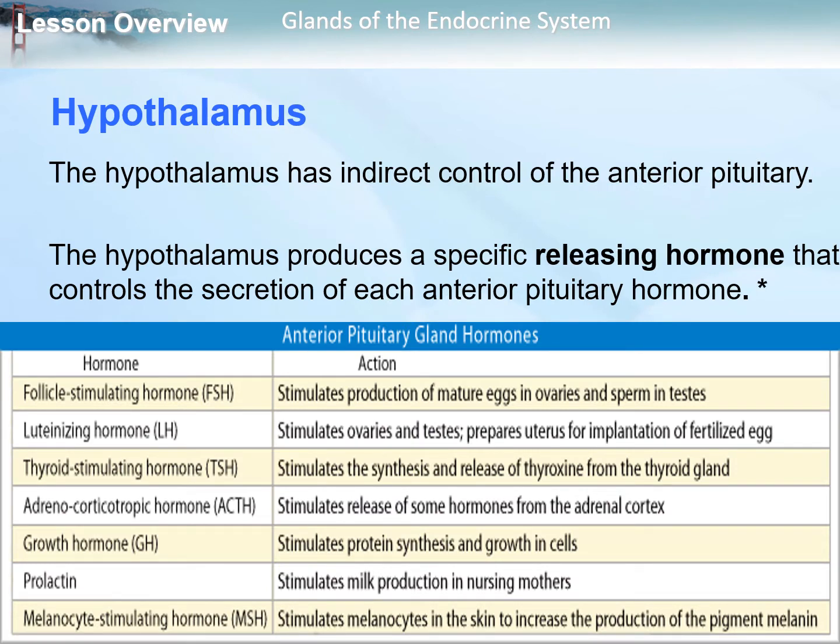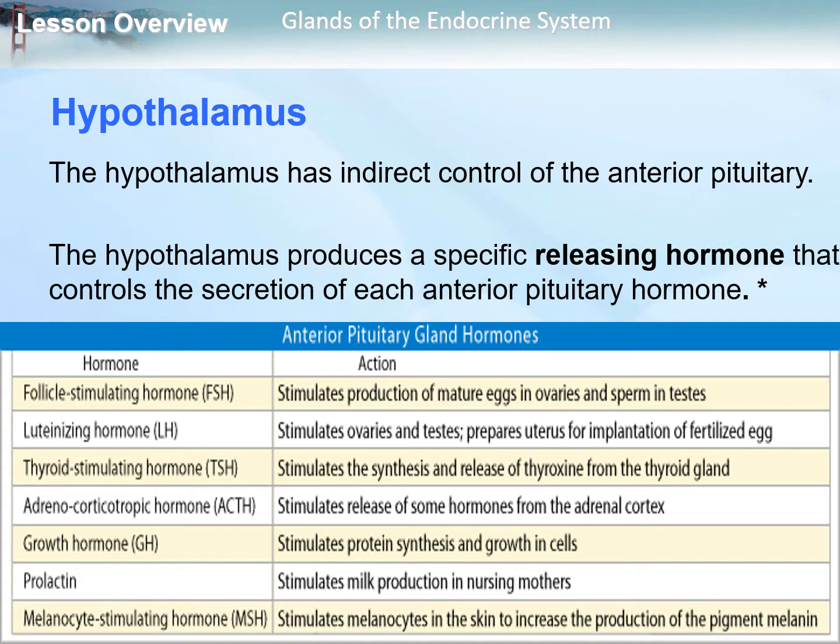The hypothalamus has indirect control of the anterior pituitary, unlike that of the posterior pituitary gland. The hypothalamus produces a specific releasing hormone that controls the secretion of each anterior pituitary hormone. Hormones released by the anterior pituitary gland are listed in the table with their specific actions.